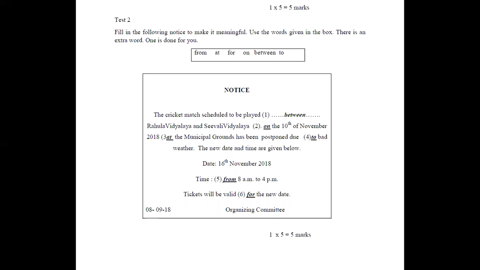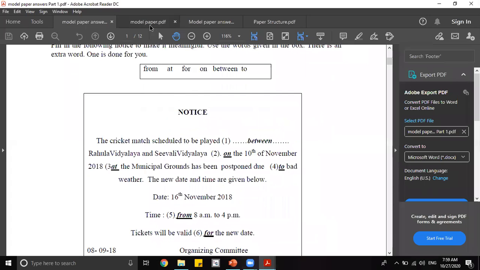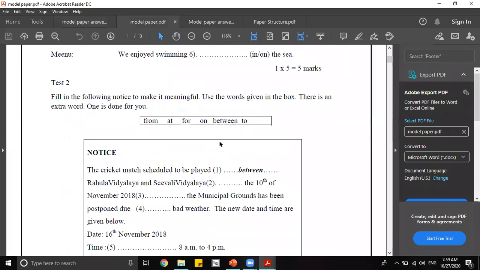If we go to the question again, the notice says: match scheduled to be played blank Rahula Vidyalaya and Sivali Vidyalaya.